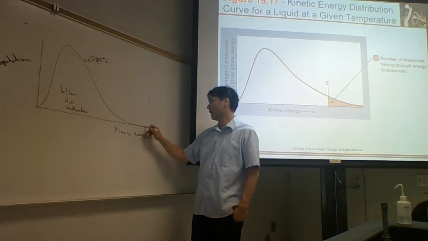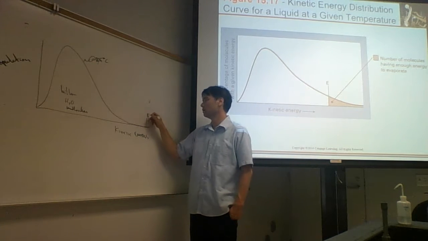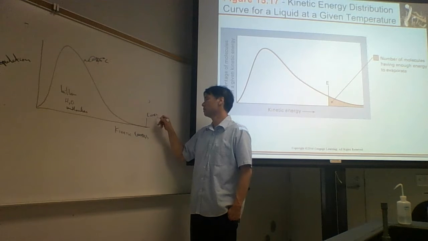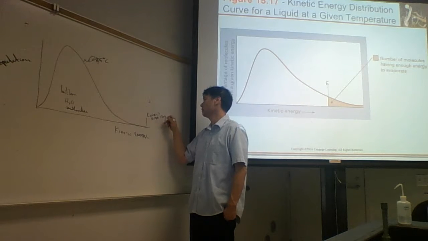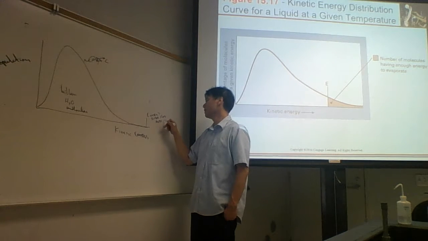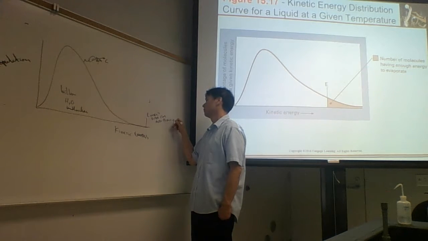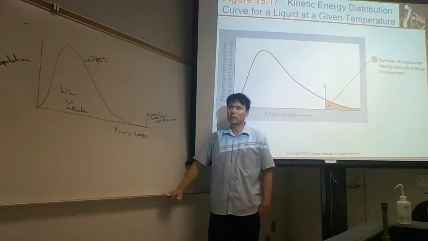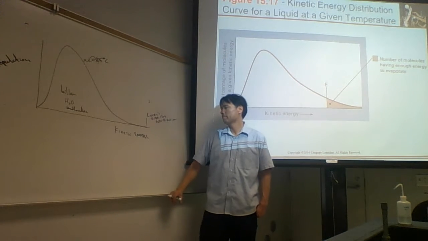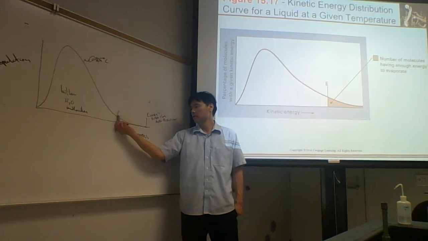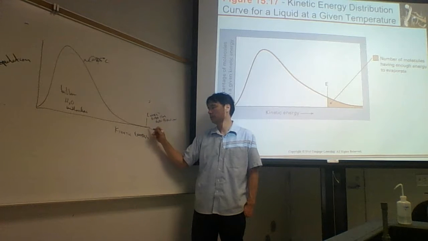But to actually react, the energy cutoff is way higher. So this is the energy required for auto reaction. Auto just means reacting with itself. Call it auto-ionization or auto-hydrolysis of water. The energy cutoff for vaporization is like around here. The energy required for auto reaction is way up here.